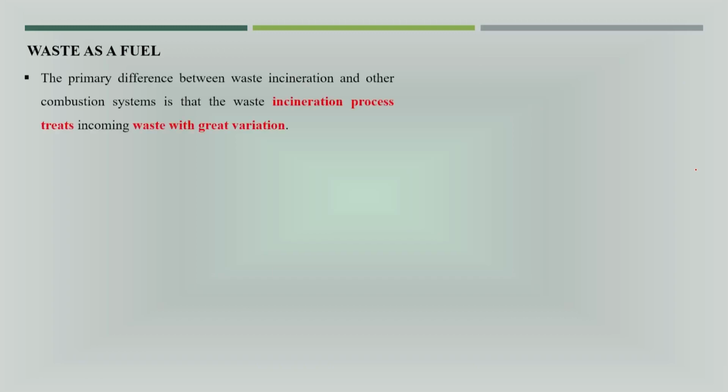First, we need to understand the primary difference between waste incineration and other combustion systems: the incineration process treats incoming waste with great variation. Normally in a combustion process, whatever fuel or material we use is homogeneous, but in the incineration process, heterogeneous material comes into the combustion process.